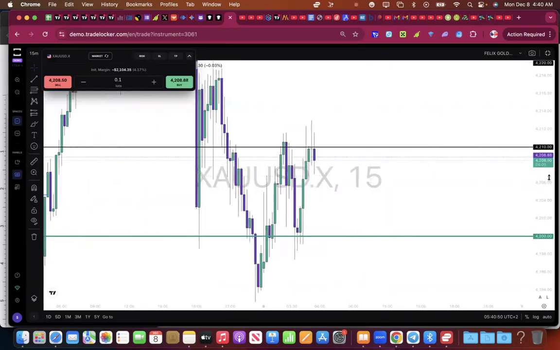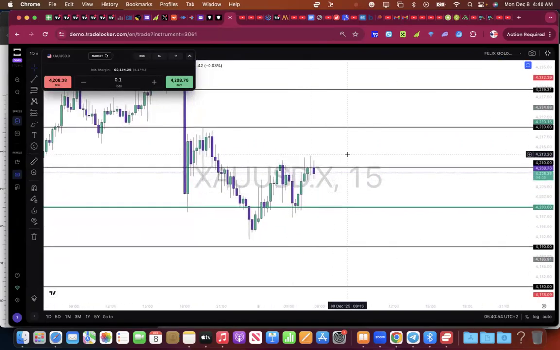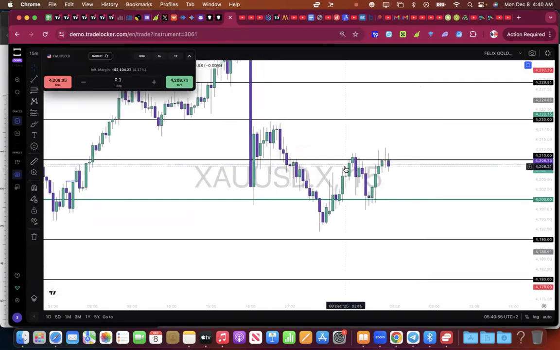Even on 15 minutes, power of three still played out. So it still bent at touching the ground before the bounce, called the previous day high, low taking. Was it here? I think it was here.